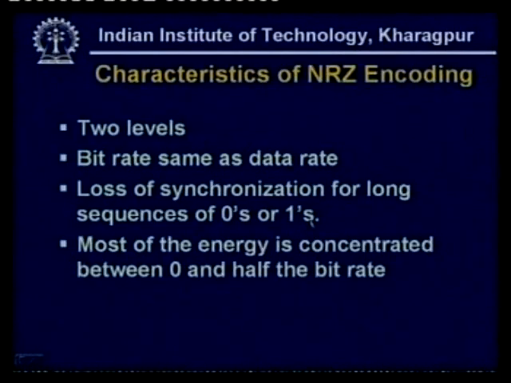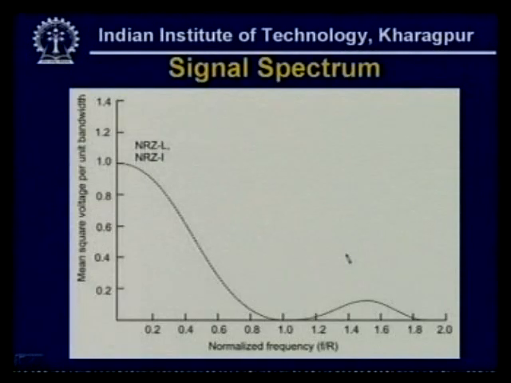of synchronization. And in this case, if you look at the signal spectrum, you will find most of the energy is concentrated between 0 and half the bit rate, as it is shown in this diagram. Here, for NRZ-I and NRZ-L, the signal spectrum is shown. On the x axis you have got normalized frequency f by R, where R is the bit rate, and mean square voltage per unit bandwidth.